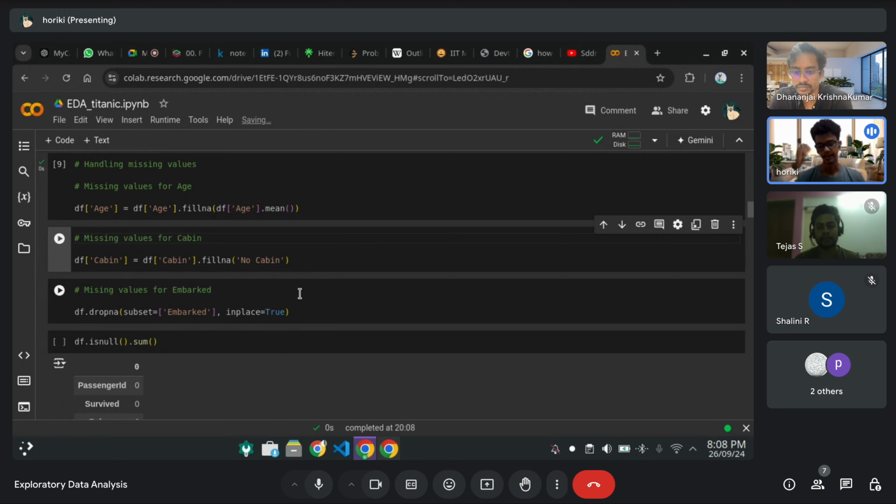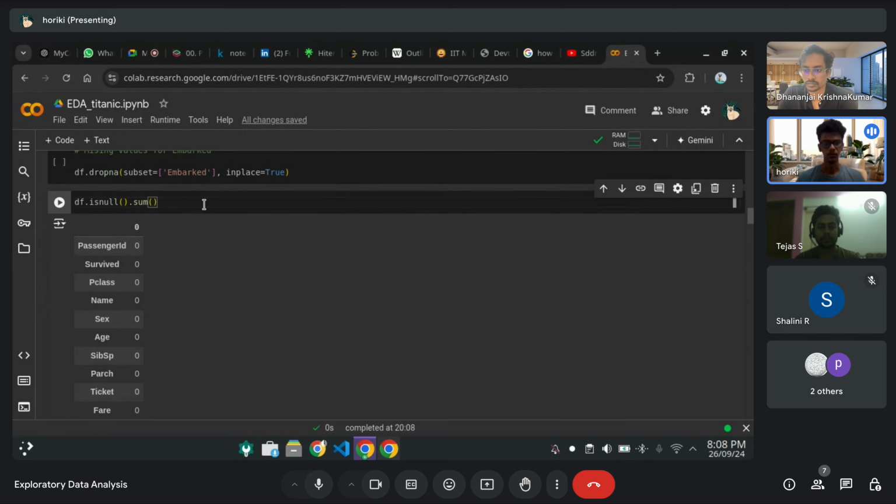So you can do two things here. One is to just remove the column completely, or you can keep it and fill the NaN values with something like no cabin. So it's up to you. Then for embarked, since there are only 2 missing values, we just remove that subset where it's NaN, and we do the check again.